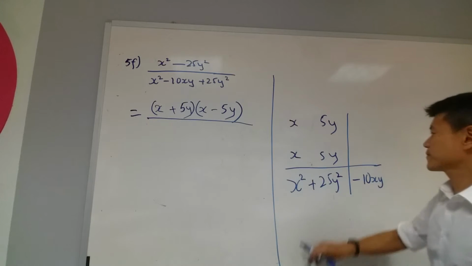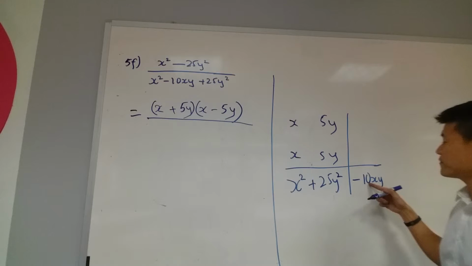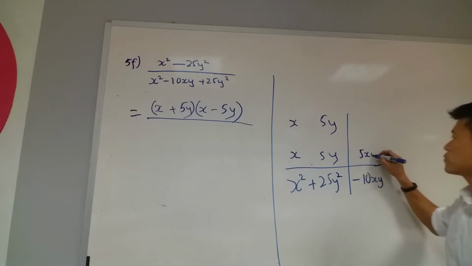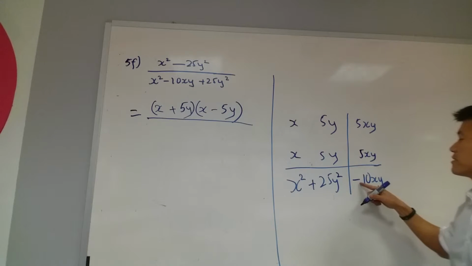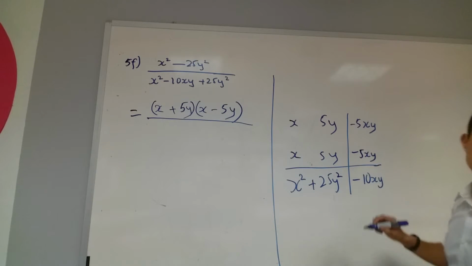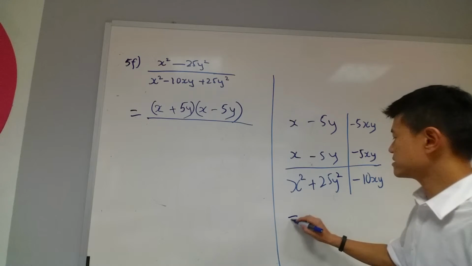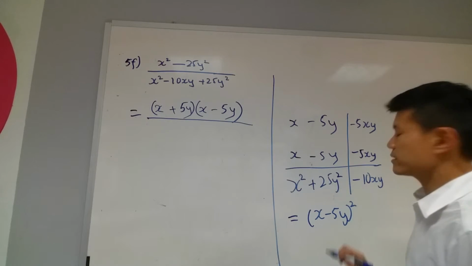Scratch that. We have to take a look at this side first. It's negative, so x times 5y is 5xy, but because there's a negative, we're going to put negative signs over here. And you can see that this is actually x minus 5y squared.